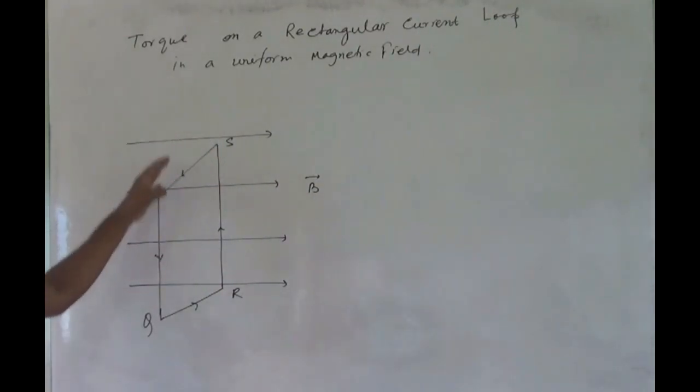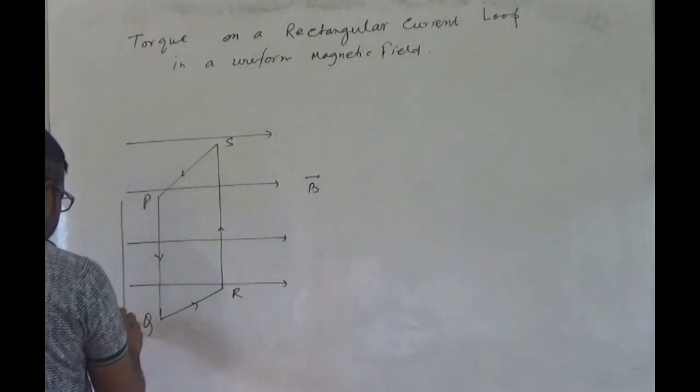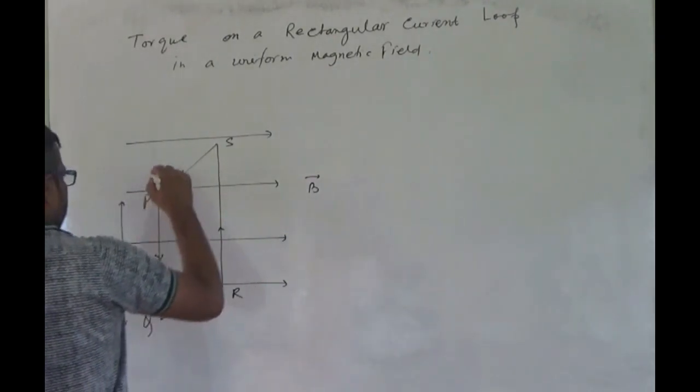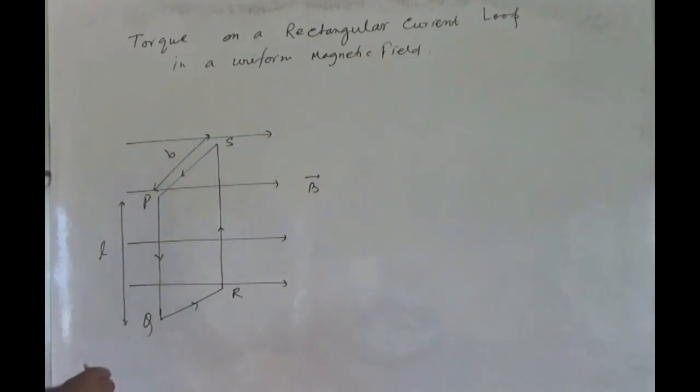Let us say the length of the loop is L and the breadth of the loop is b.